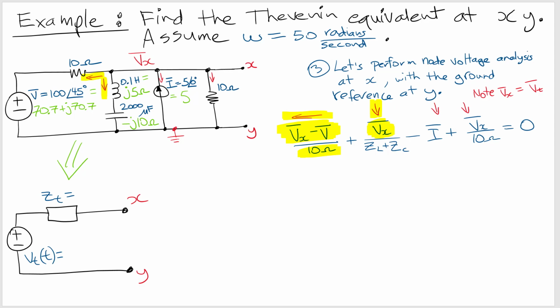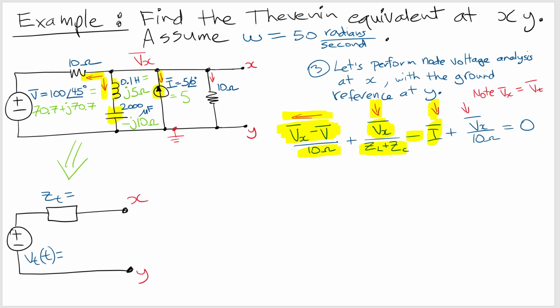We have two components in series, the inductor and the capacitor, so we write ZL plus ZC. Hope that makes sense. And then we'll do the next one, the current down in this branch, and it's opposing the current of the current source, and the label for that is I.